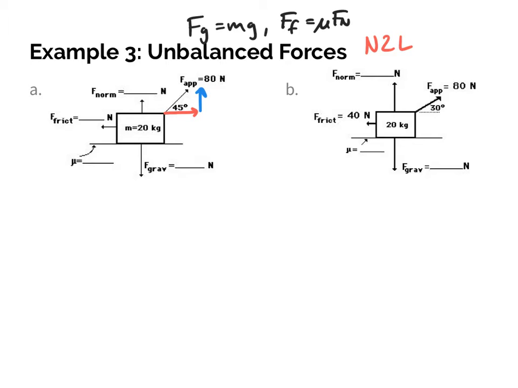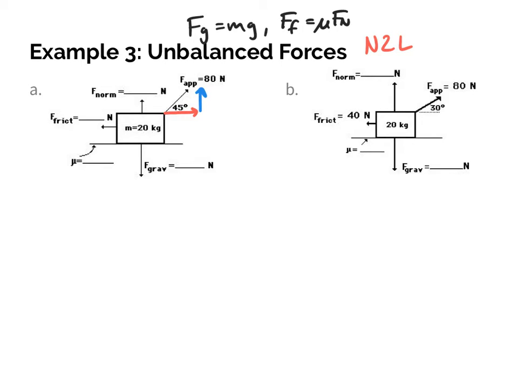To understand this, we're going to look at the forces being unbalanced. When we break this force down into components, we have a rightward component that's going to be working with friction. We have gravity and our normal force, but what's different now is that because this force is being applied at an angle, not only do we have our normal force upward, but we have a component of this applied force that's also upward.